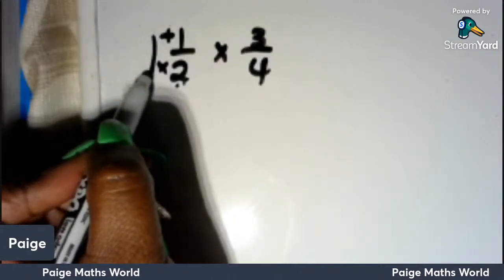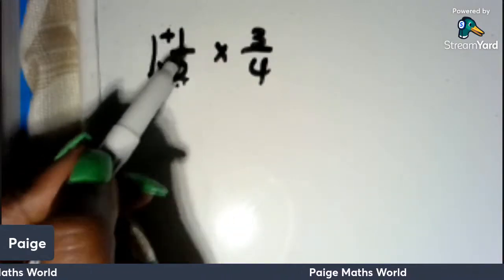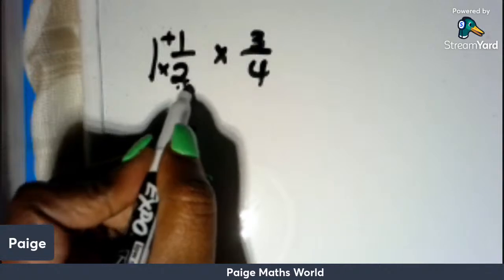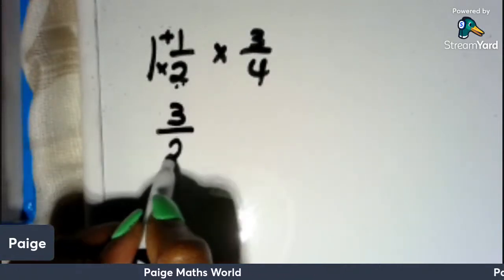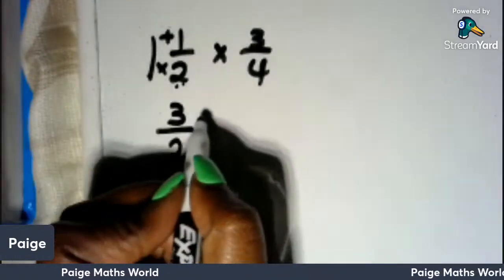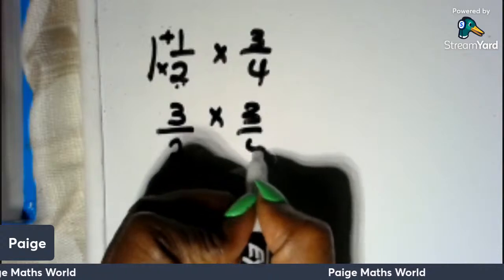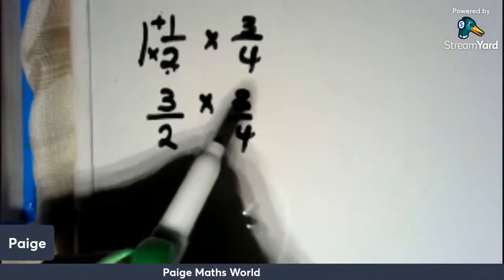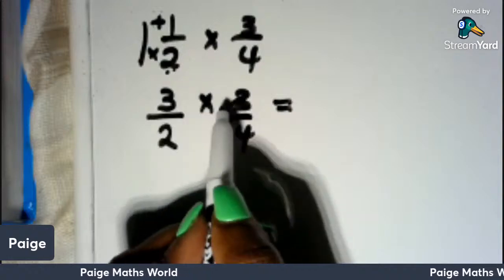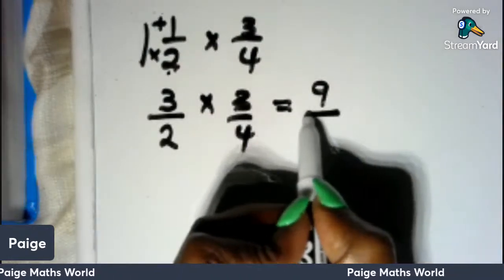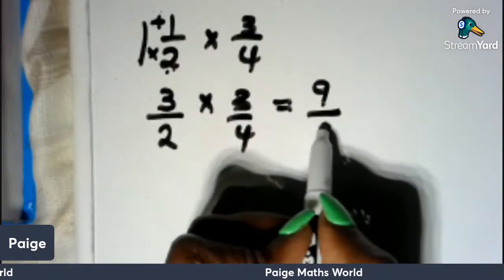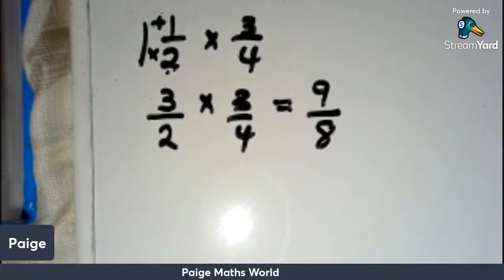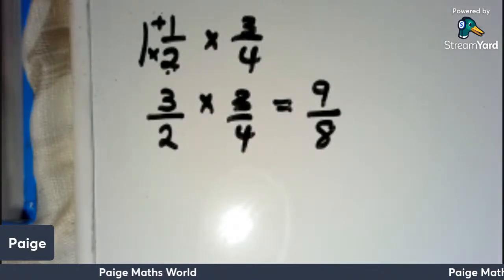So 2 times 1 is 2, plus 1 is 3, and we put that back over the same denominator of 2. Then you put back what you have, 3 over 4. Now you can go ahead and multiply this. So 3 times 3 is 9, and 2 times 4 is 8. With multiplication, you just multiply across, and that will give you your answer.